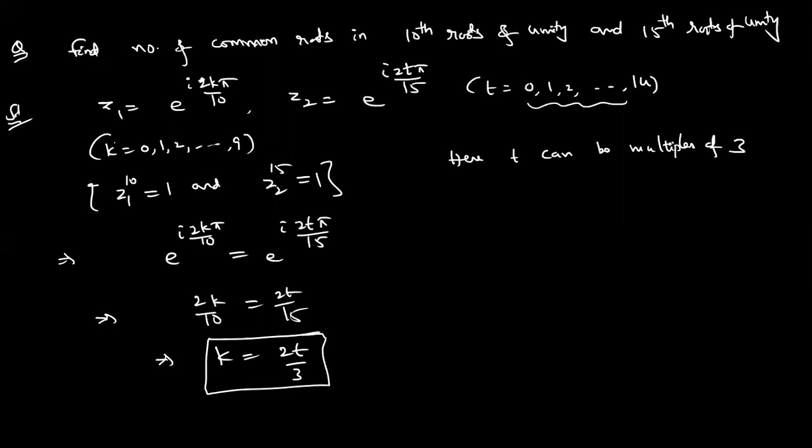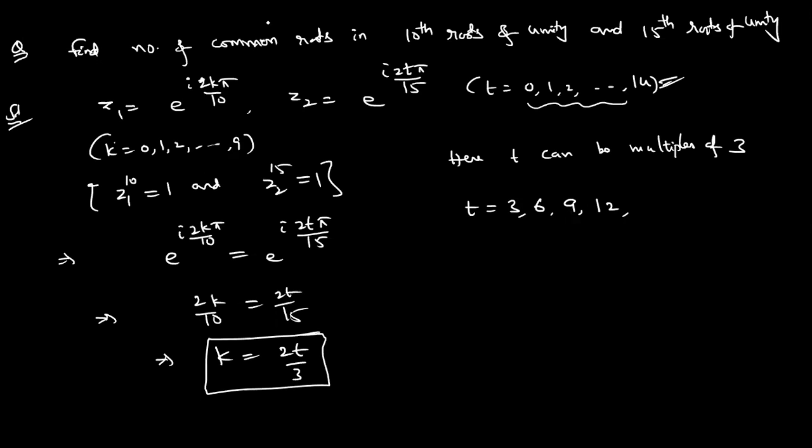So please tell me anyone, t can be what? 3. Next, 6. Anything else? 9 possible, 12 possible. Next, 15 not possible because up to 14 only maximum.